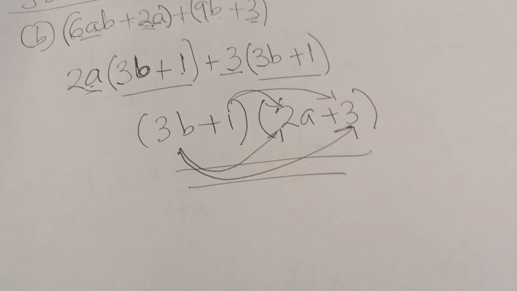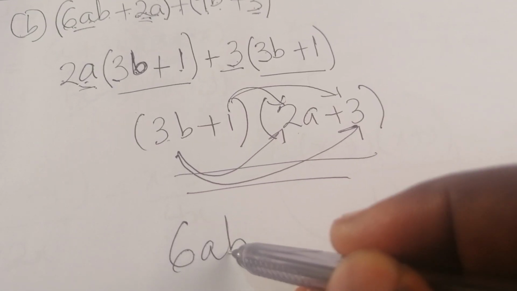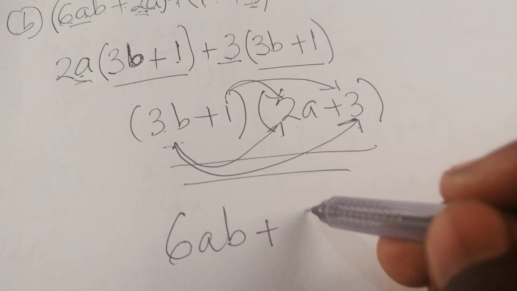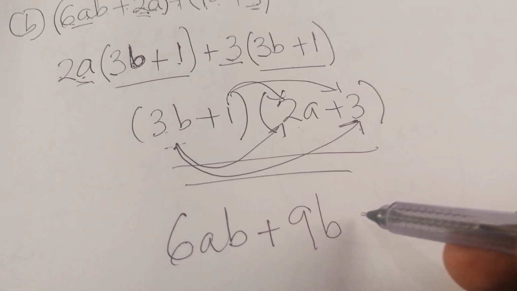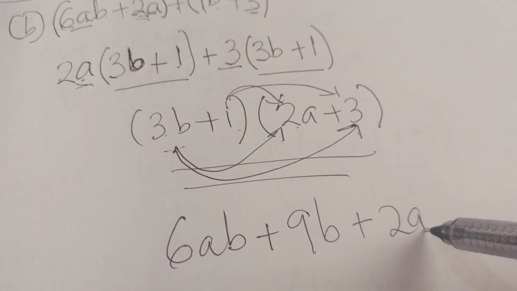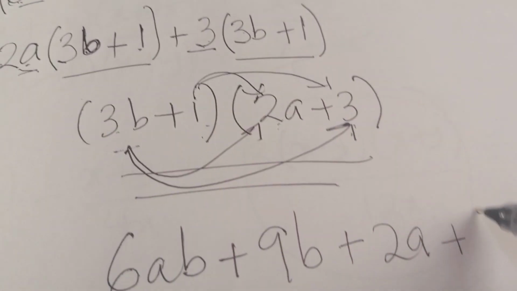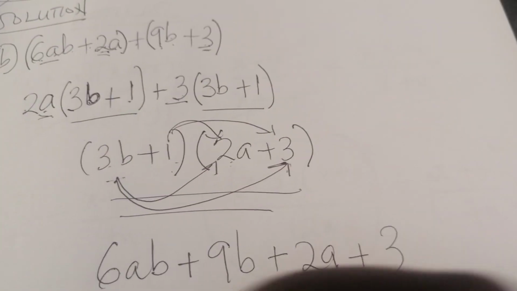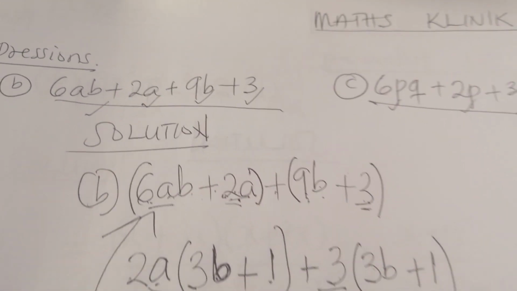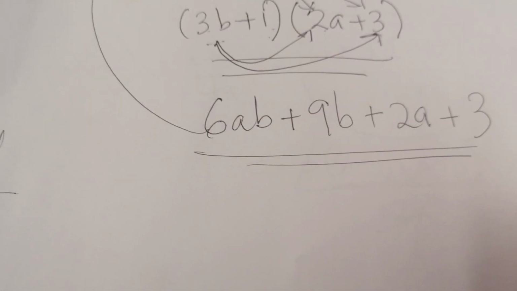By expansion, 3B times 2A gives us 6AB, plus 3B times 3 gives us 9B, plus 1 times 2A gives us 2A, plus 3 times 1 gives us 3. So when you compare this to our original question, we can see that we have the same thing.